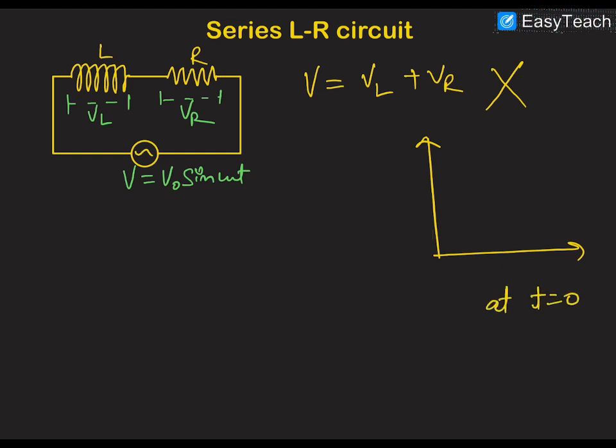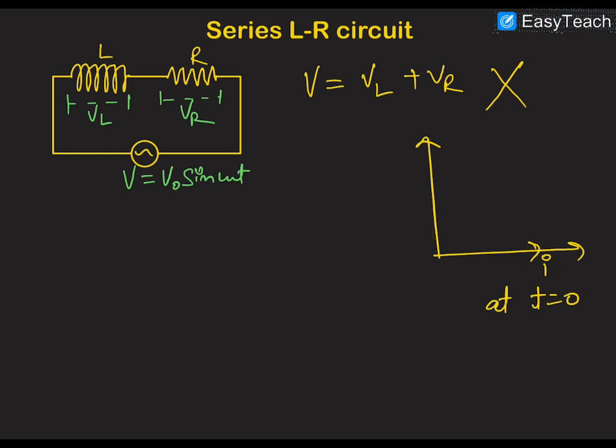At t equal to 0, we will place the current on the x-axis, because we know that in series circuits current is the same and in parallel circuits voltage is the same. So in parallel circuits we always place the voltage on the reference x-axis, but in series circuits we place current as the reference quantity for the phasor diagram on the x-axis.